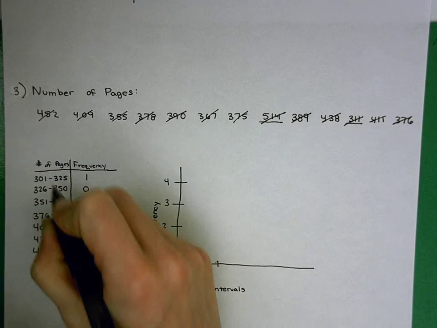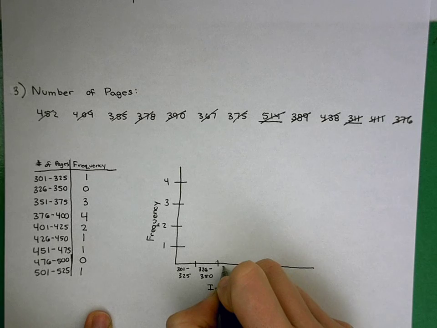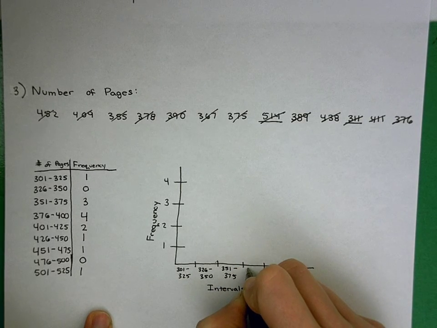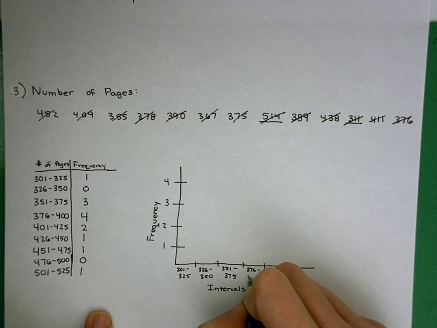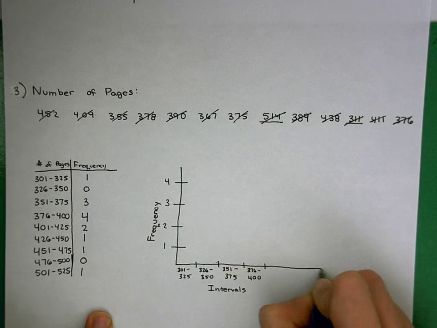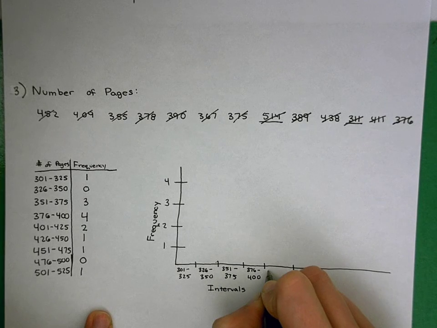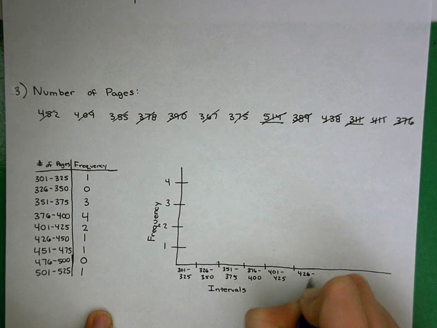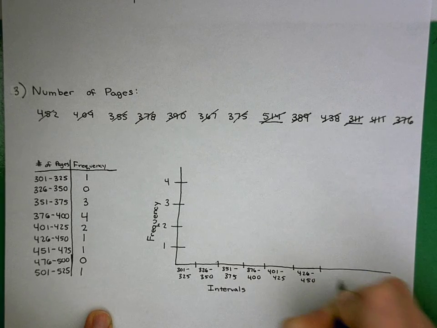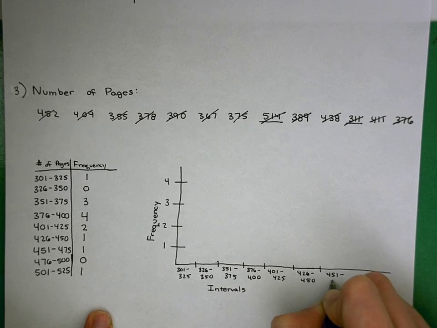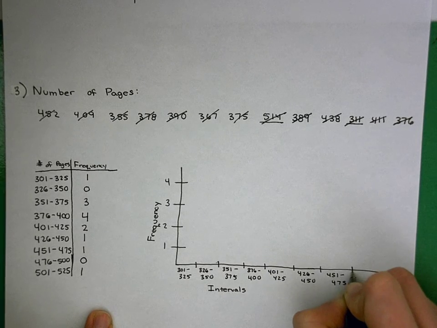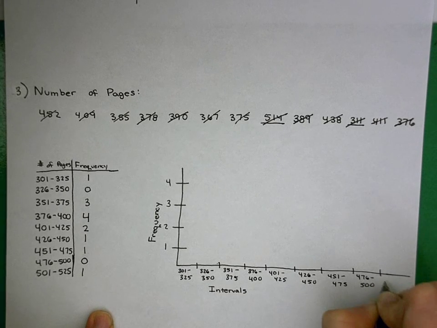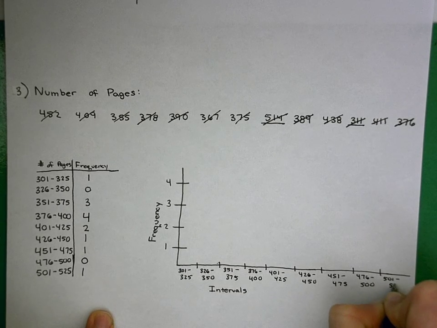I'm just writing my intervals here along the bottom. 351 to 375. 376 to 400. 401 to 425. 426 to 450. 451 to 475, 2 more, 476 to 500, and last one here we have 501 to 525.